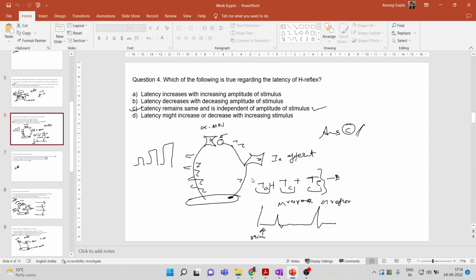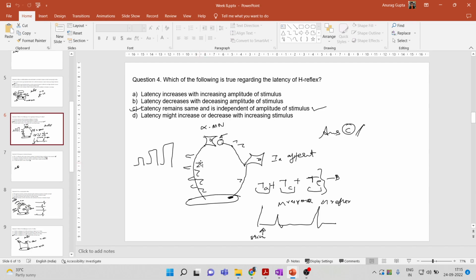The external stimulus causes a depolarization in all the neurons in the nerve, and the 1A afferents are the ones that reach threshold first for a lower amplitude stimulus, and then the signal travels along the 1A afferents, through the synapse, and then through the alpha motor neuron, and causes a contraction in the muscle. So this is the H reflex.